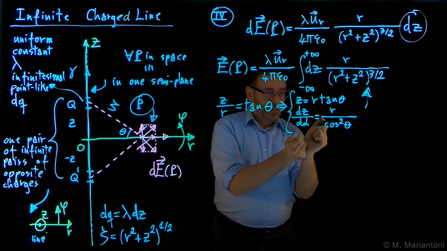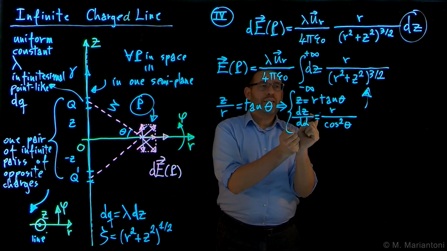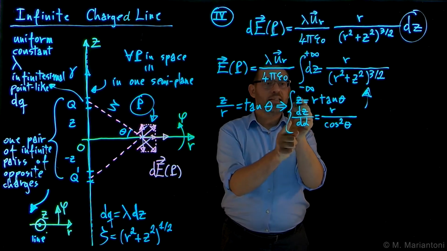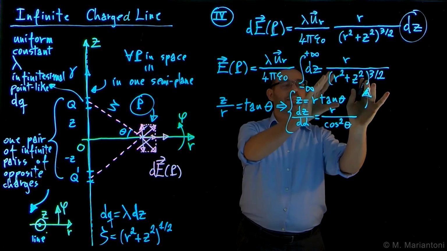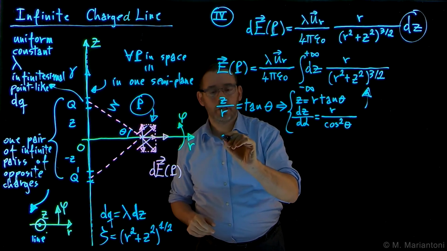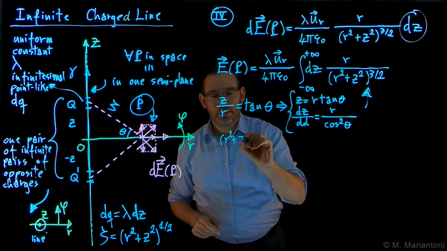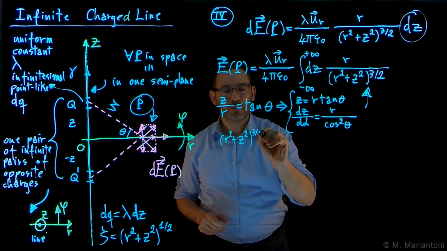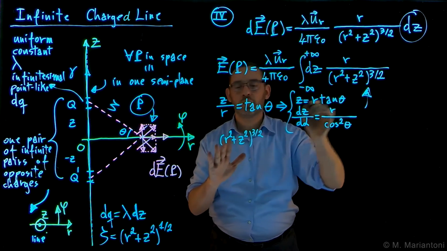All right, so now that we know that, we can, first of all, substitute z into this expression in the denominator. So in the denominator we have r squared plus z squared to the power of 3/2, and we need to remember that it's in the denominator.